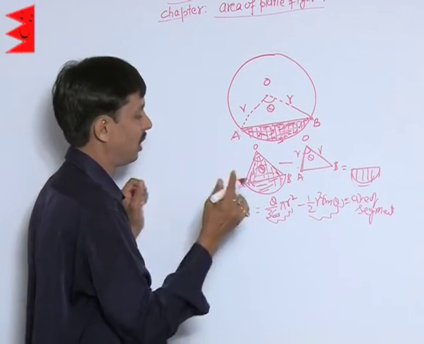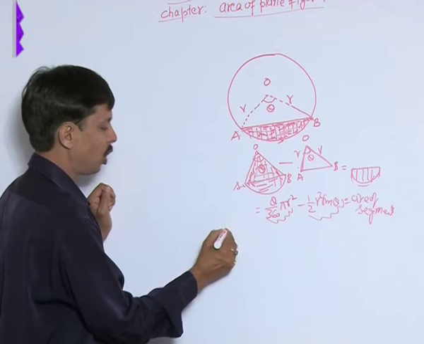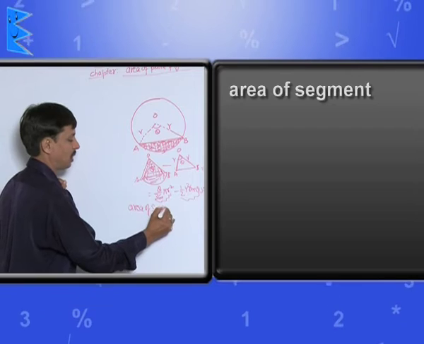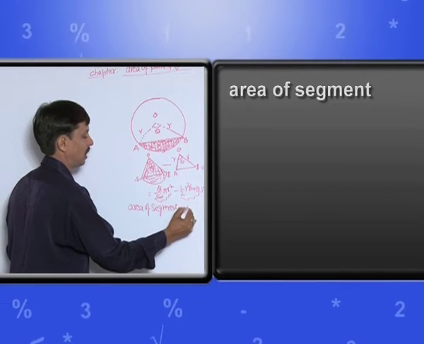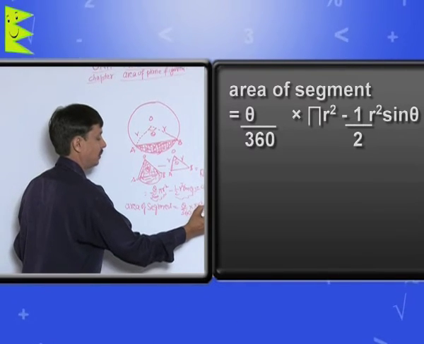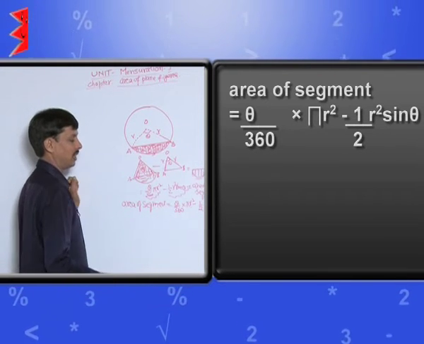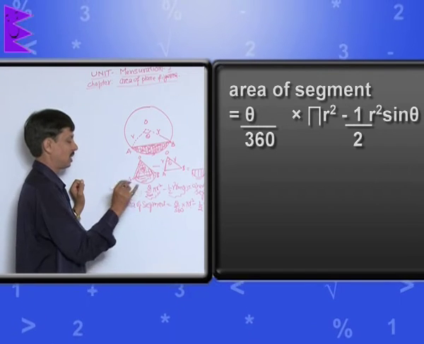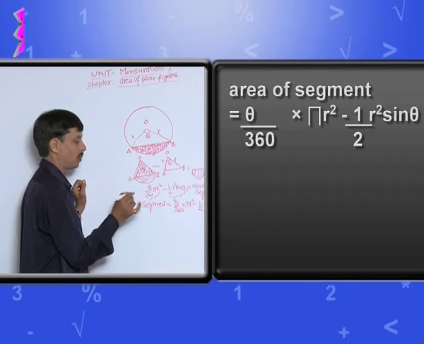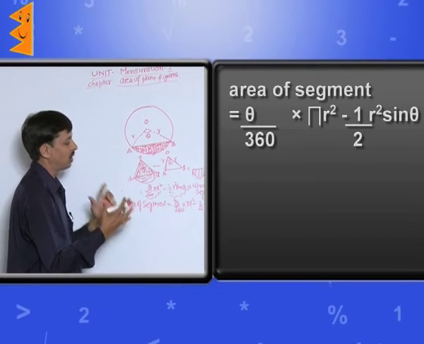So in totality, the area of a minor segment or segment can be calculated using the formula theta upon 360 pi r square minus half r square sine theta, where r is the radius of the circle where the segment is formed, and theta is the degree measure of the corresponding minor arc or major arc.